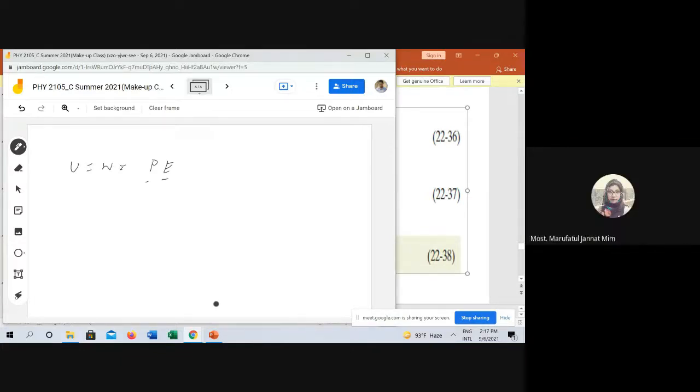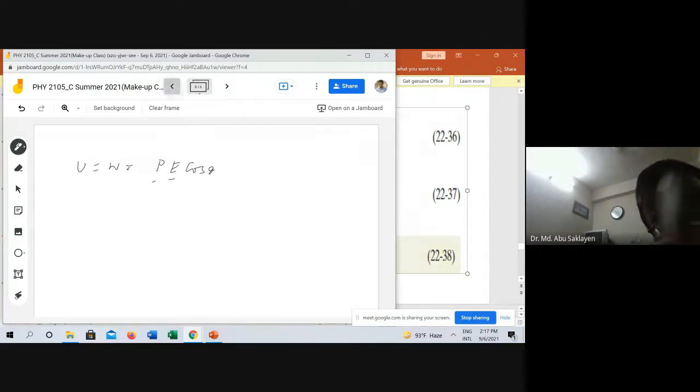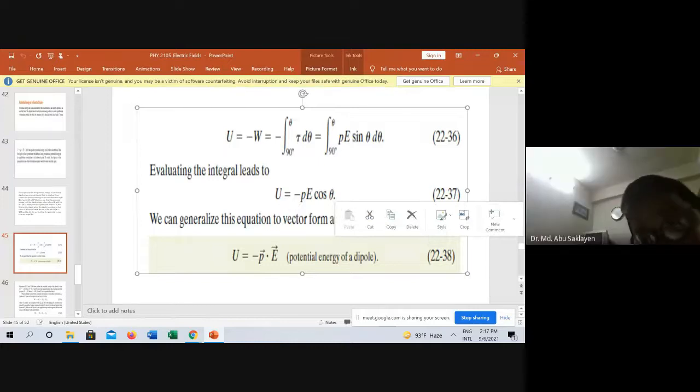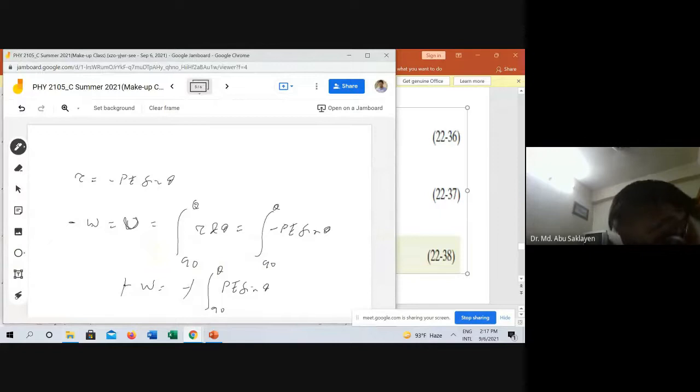Sir, we have to integrate sin theta. What will we get if we integrate sin theta? Minus cos theta. Integrating sin theta gives minus cos theta, not cos theta. Yes, you are right. So this will be minus.